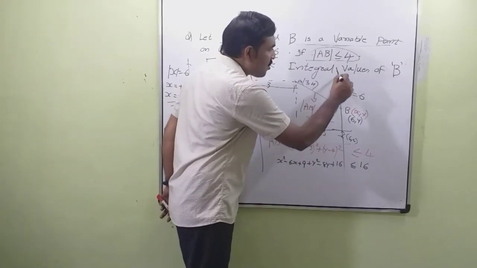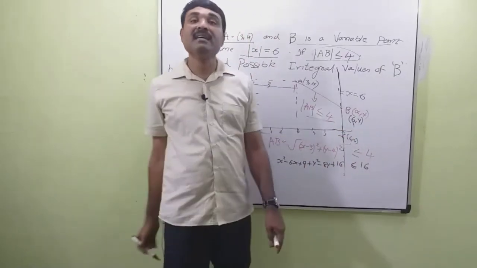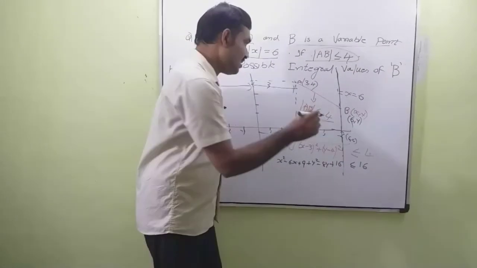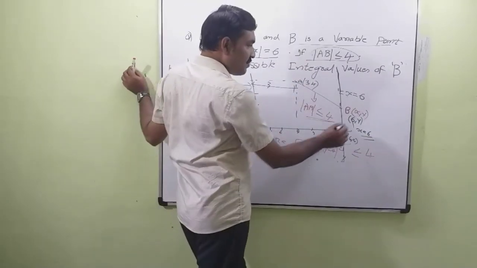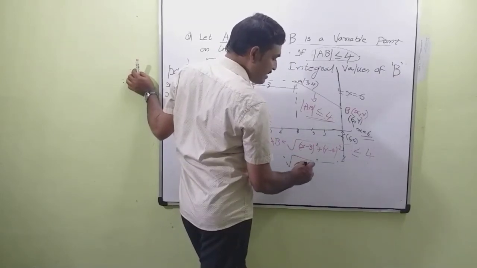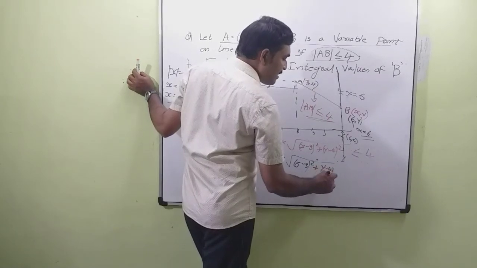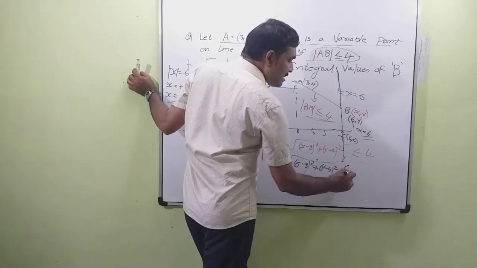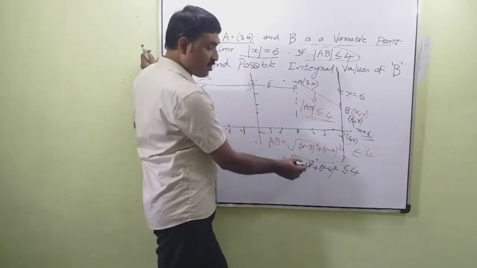This is always constant for any point on this line. So x can be replaced by 6. So this term becomes the square root of (6 minus 3) the whole square plus (y minus 4) the whole square, less than or equal to 4.